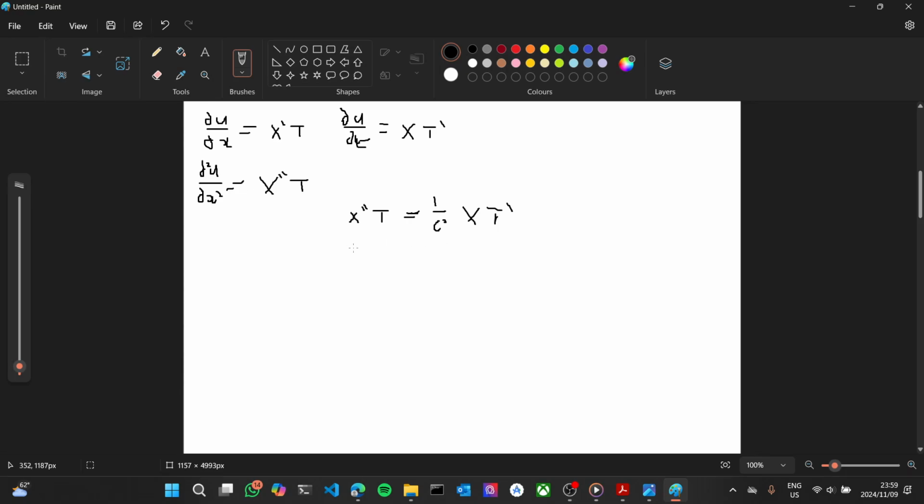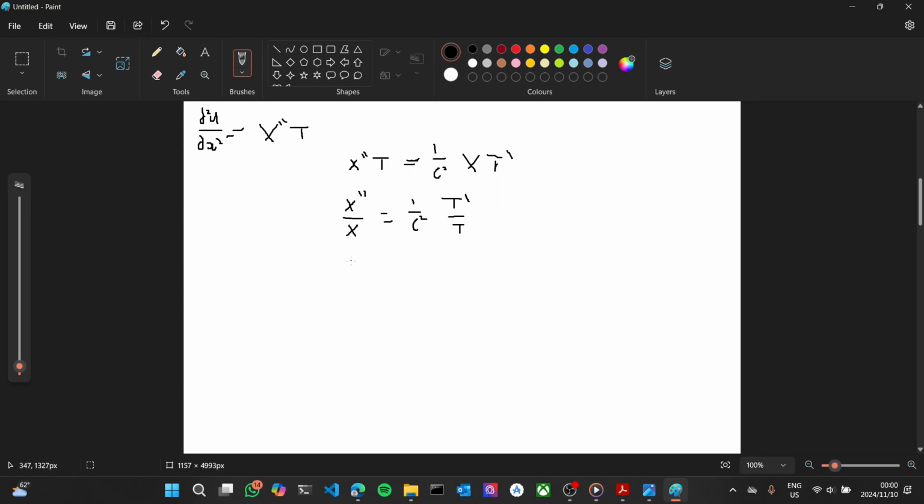And if we separate the variables, bring all the like terms together, then you've got x double prime over x is equal to 1 over c squared t prime over t. Okay, and we know that these expressions are equal to some arbitrary constant which we represent as minus p squared.